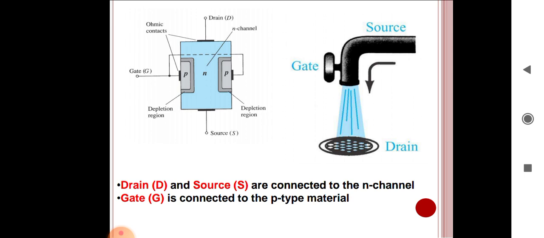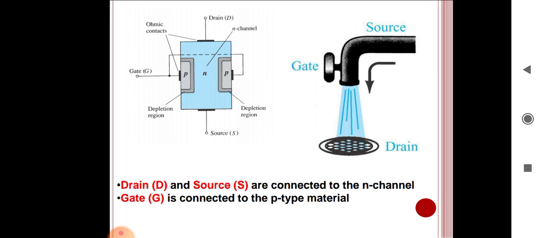In the N channel JFET, most of the area is made up of N type semiconductor, which is called the N channel, and two P type semiconductors are mounted on it. The gate terminal is connected to the left hand side P type semiconductor. The drain and source terminals are connected to the N channel.